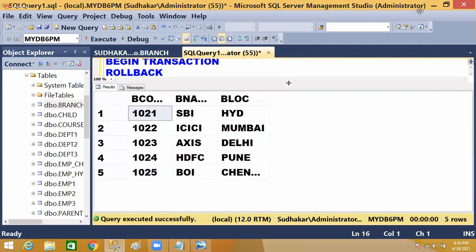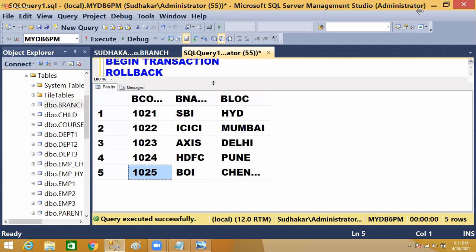Yes. So the remaining 2 records, 21 and 25, also came. That means when you want the remaining 2 rows also, you can use rollback. Suppose I don't want the remaining 2 rows, then what do I want to use? Commit. Right? Yes, this is what happened.